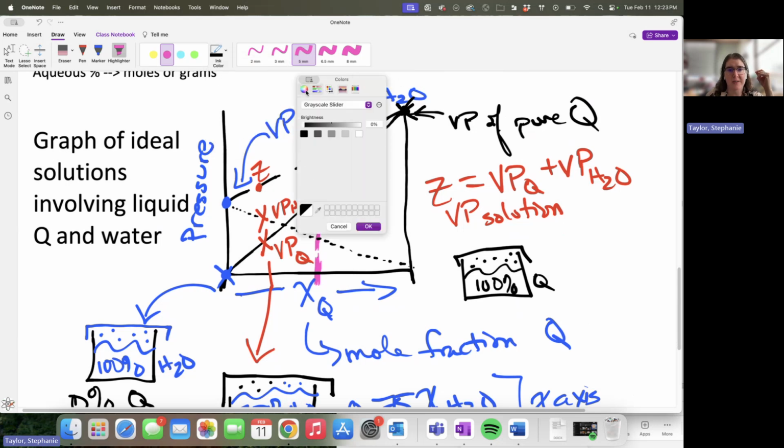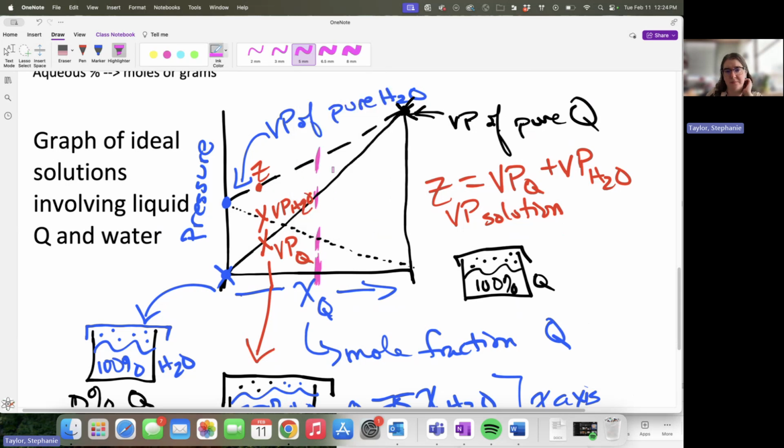So what we're trying to say is that half of my moles are coming from each liquid, but when I look, I can see here, again, the vapor pressure of Q, and then down here lower is the vapor pressure of the water.